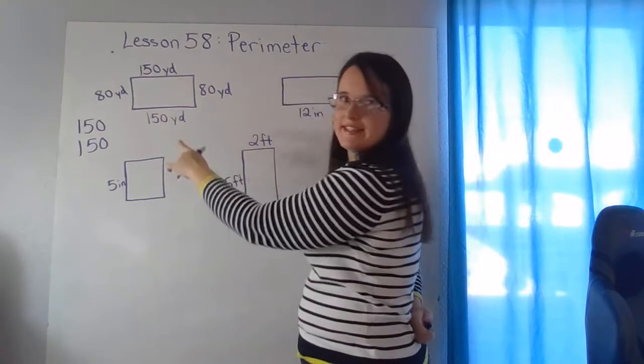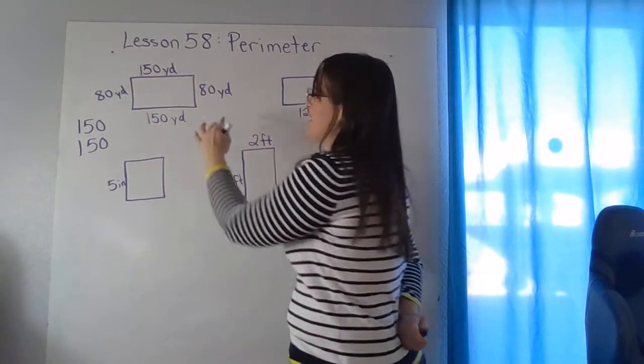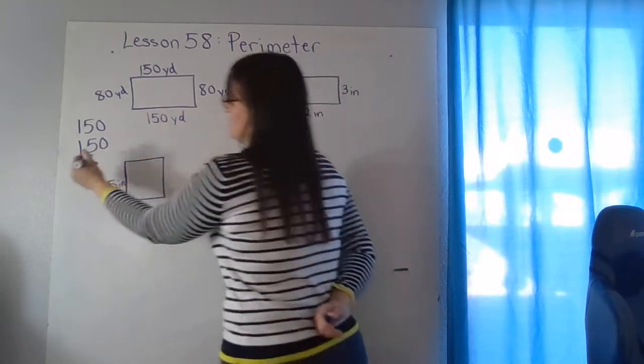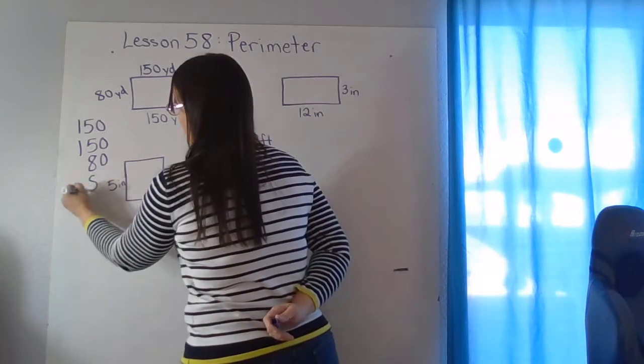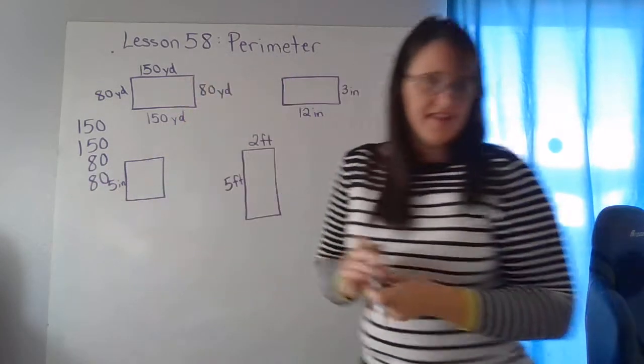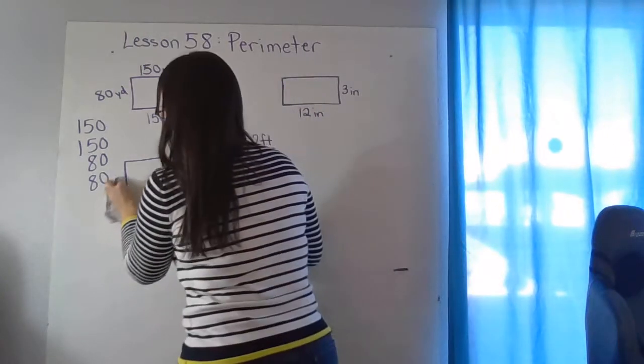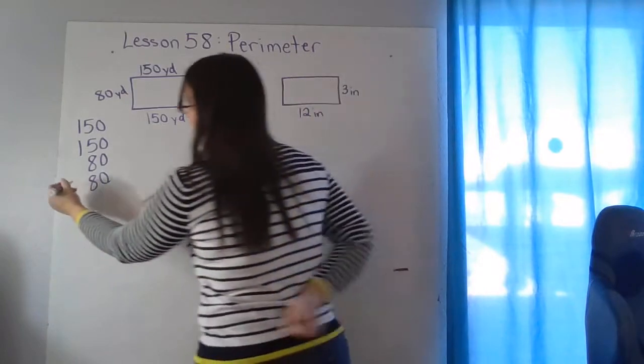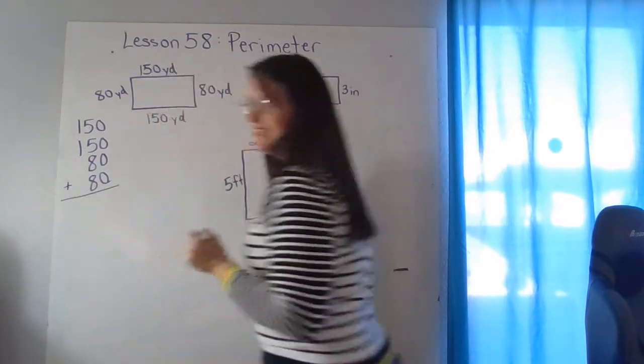I like to put the same sides together. It's just how my brain works. You can do it in any order that you want. And then I'm also going to add 80 plus 80. And I'm going to move this shape out of the way for a second. Okay, so we have to add all 4 of these sides together.